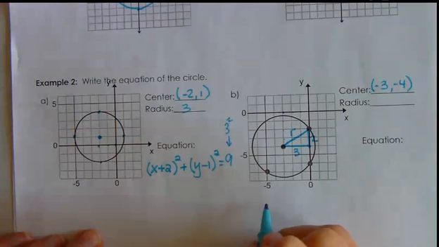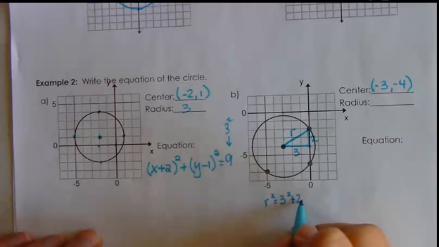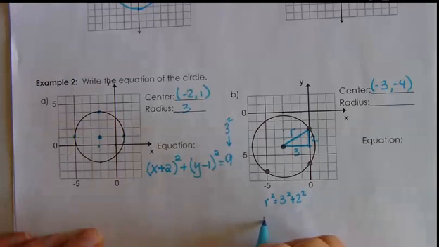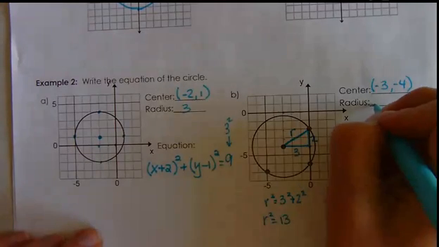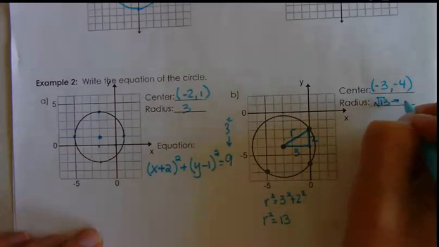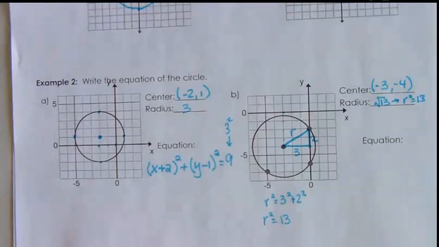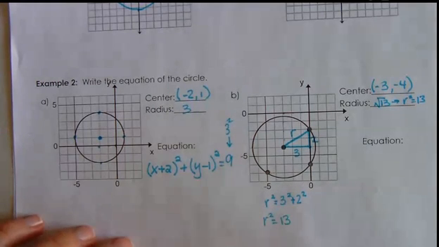So my r squared is going to be 3 squared plus 2 squared. Remember, Pythagorean theorem is a squared plus b squared equals c squared. So here I get that r squared equals 13. Now notice all we need is what our r squared is. So our radius is going to be the square root of 13, but we really just want r squared for our equation.